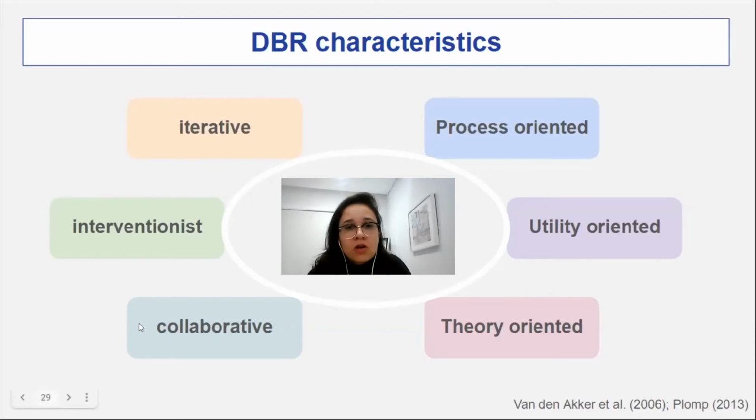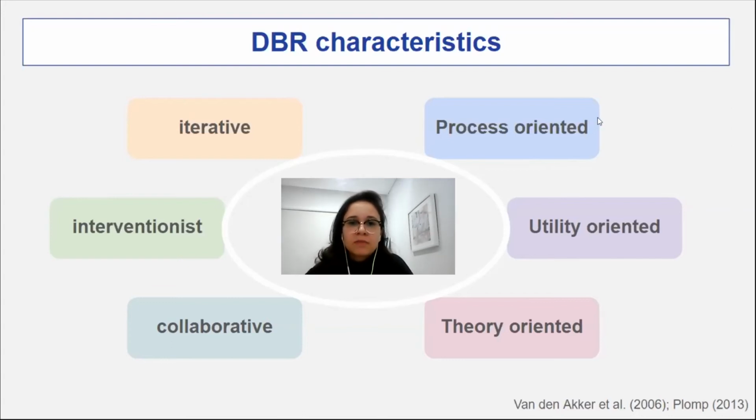They are also collaborative because the research involves active participation and collaboration among practitioners and researchers in the different stages and activities of the research, because the intervention needs to be relevant and practical for the educational context. And this collaboration increases the probability for a successful implementation. They are process-oriented because their focus is on understanding and improving interventions.